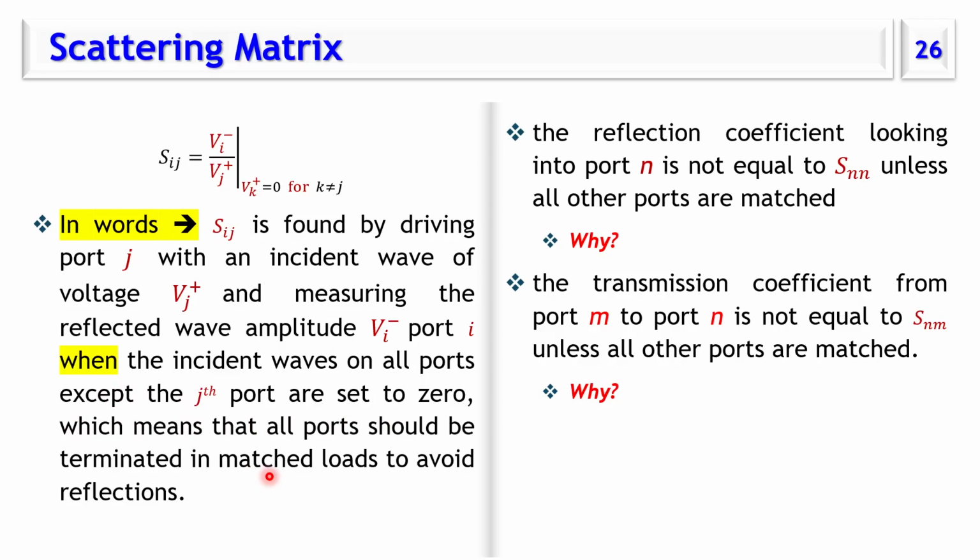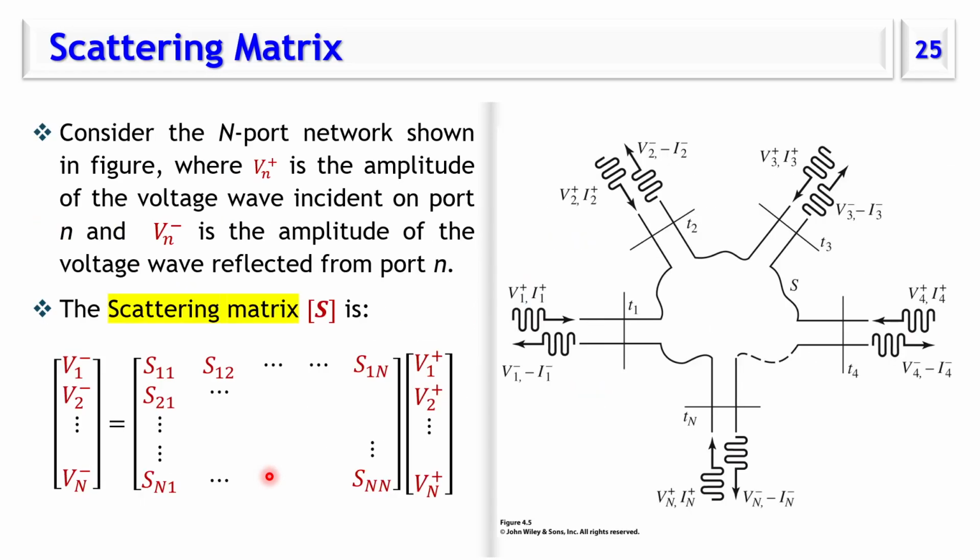When a port is matched, any signal that goes to this port will be absorbed and nothing will be reflected back into the network. So for example here, if this port is matched, any power that goes here will be absorbed, nothing will be reflected.